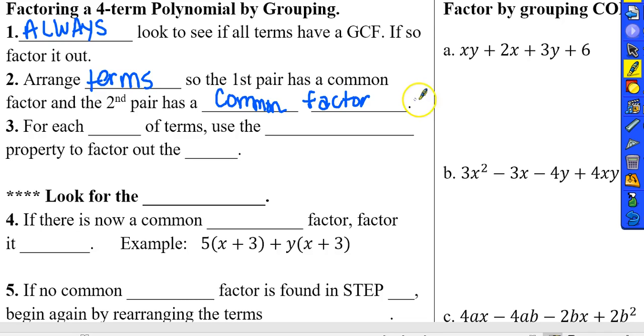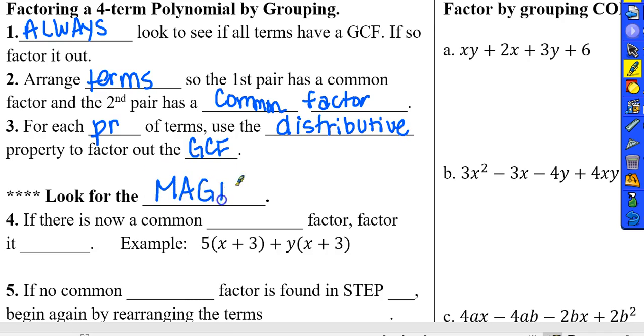Step 3, for each pair of terms, use the distributive property to factor out the GCF. And I call it looking for the magic. If you don't find it, you have to try something else.